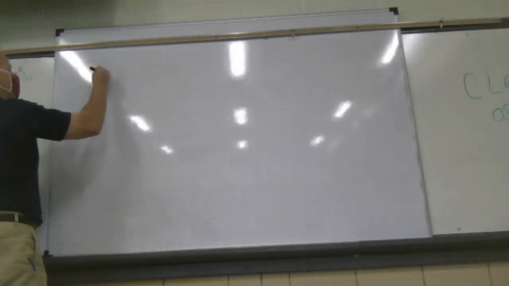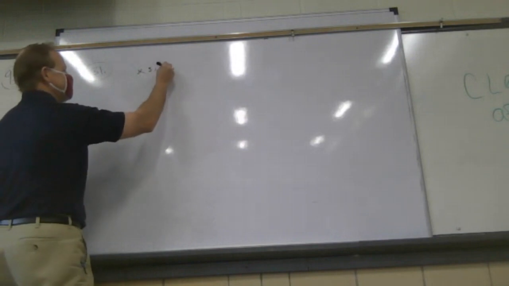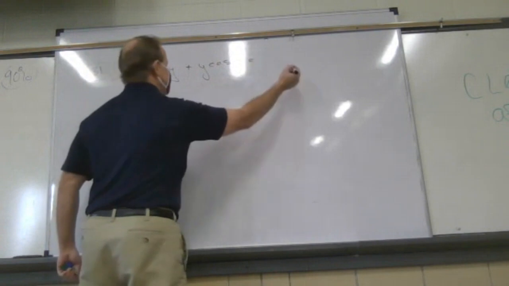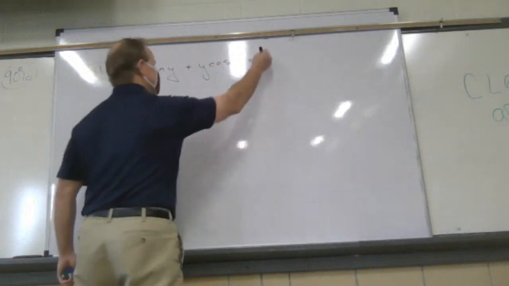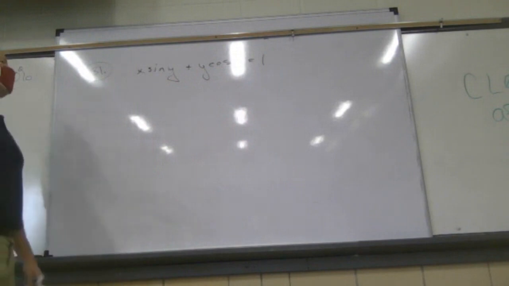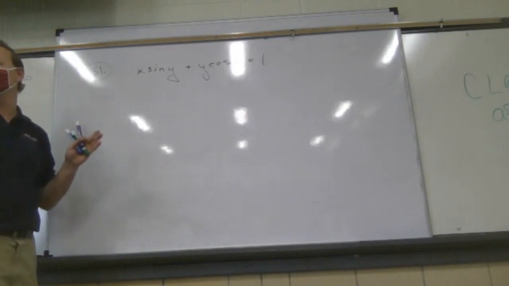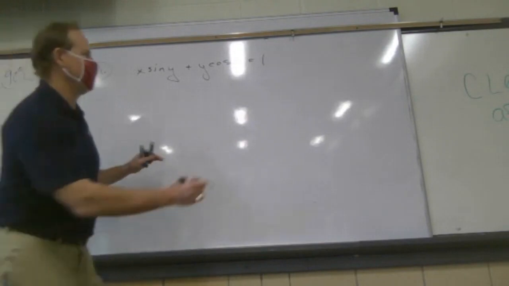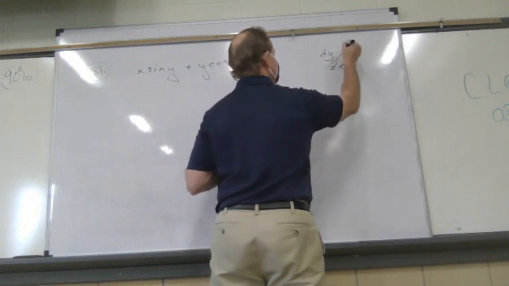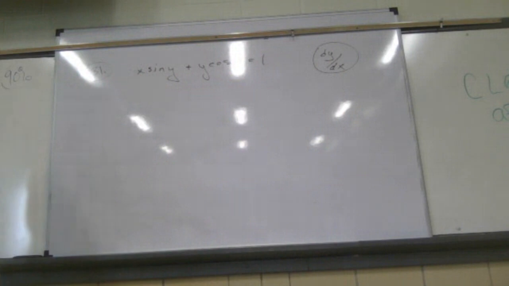All right, 31. What is it? Can somebody read it, please? x sine y plus y cosine x equals 1. It's x sine y. Yep. Okay. So anyway, it says find dy dx. That's the whole goal, what we're looking for. So what do I need to do to both sides?